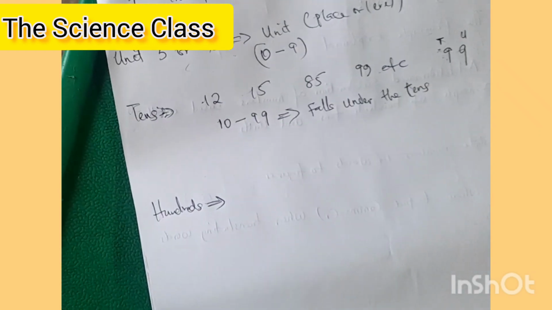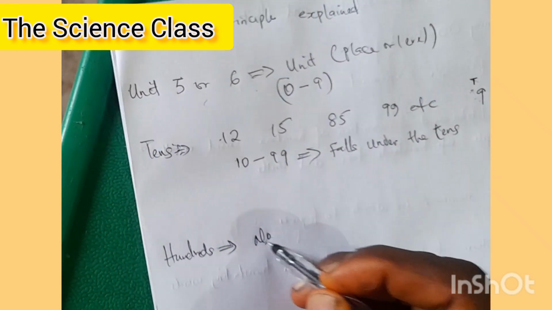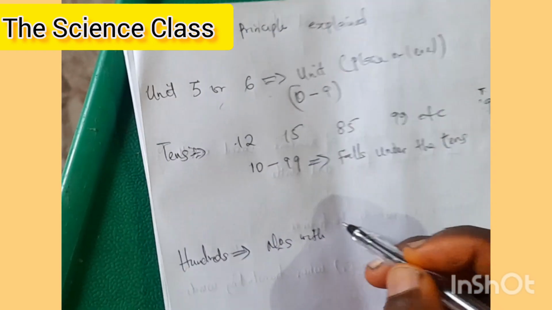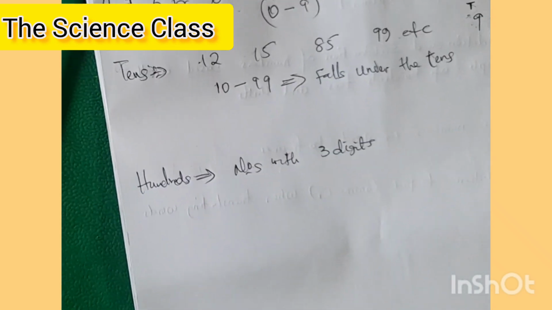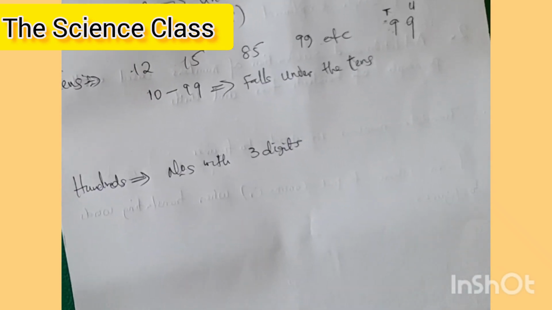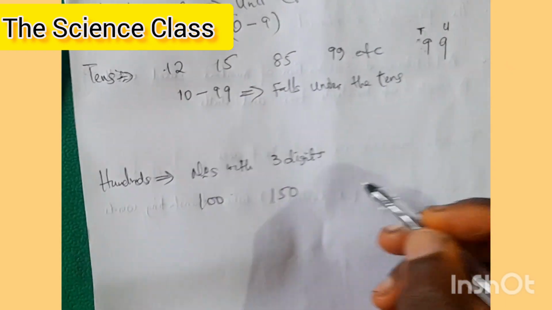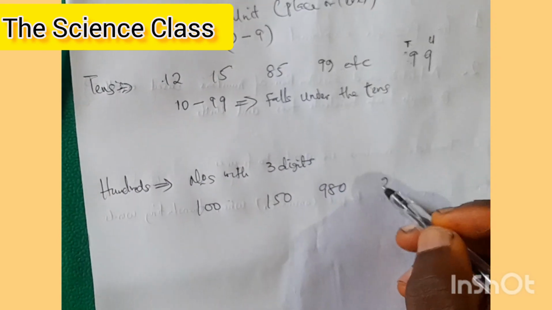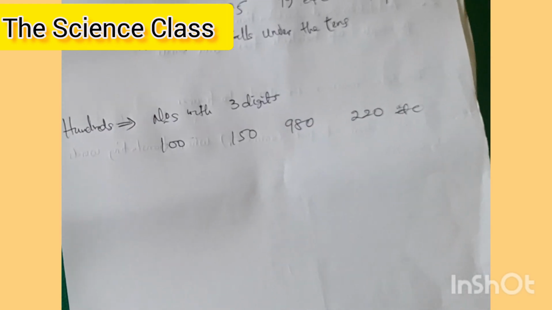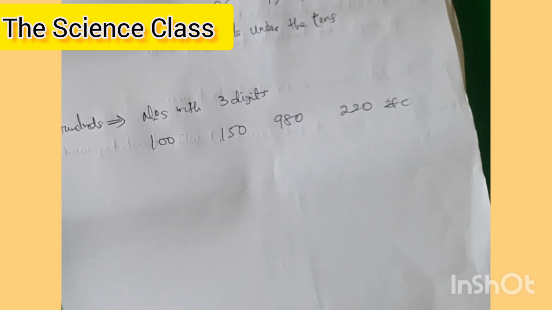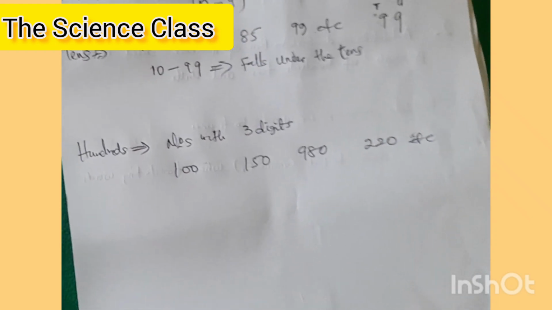In the hundreds, we have numbers with 3 digits. Numbers with 3 digits fall in the level of hundreds. Examples of numbers with 3 digits are 100, 150, 980, 220, etc. So any number that you see that has 3 digits falls in the hundreds level, or hundreds place of hundreds, tens, and units.